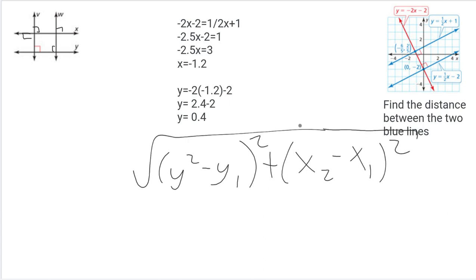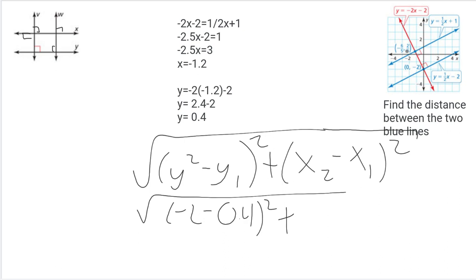So y2 is negative 2, so negative 2 minus 0.4 squared, plus x2 minus x1, where the negative will turn to a positive, squared. Then I could work that out in my calculator to figure out the distance.